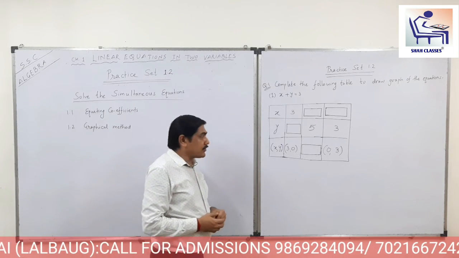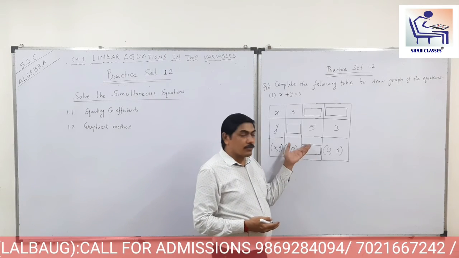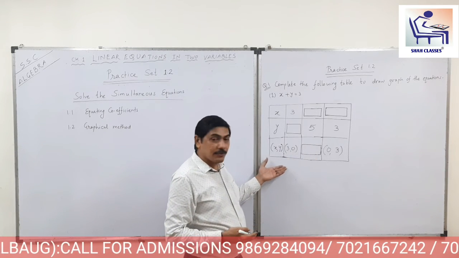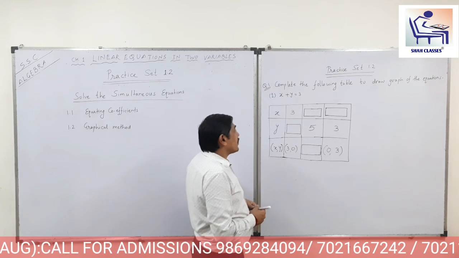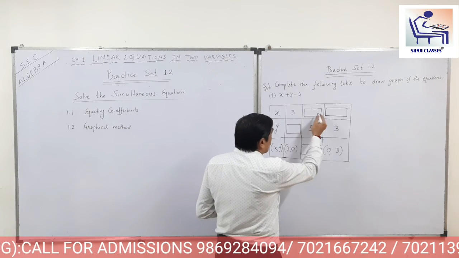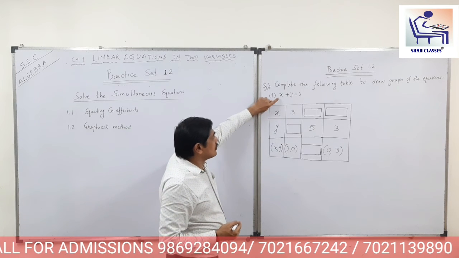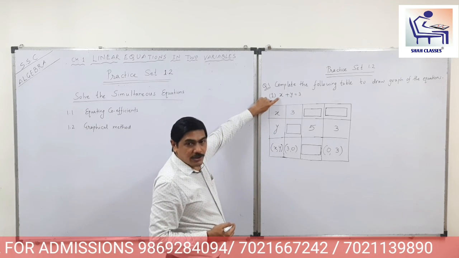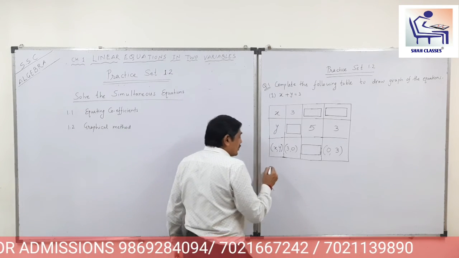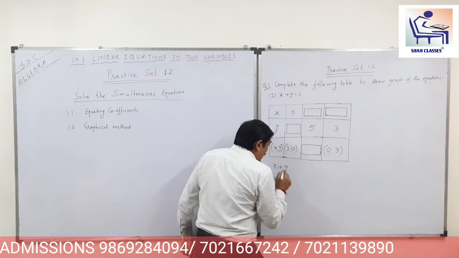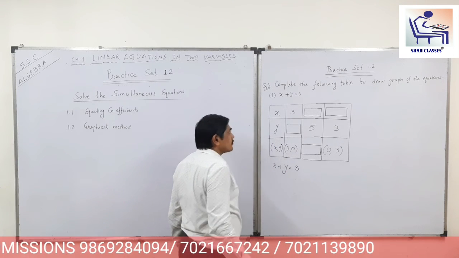As in every exercise you have noticed, the first exercise also had an activity, and in this exercise there is also an activity. So now we have to fill up these boxes, and for this you are given one equation: x plus y is equal to 3.